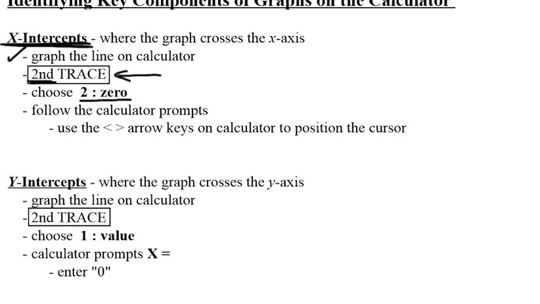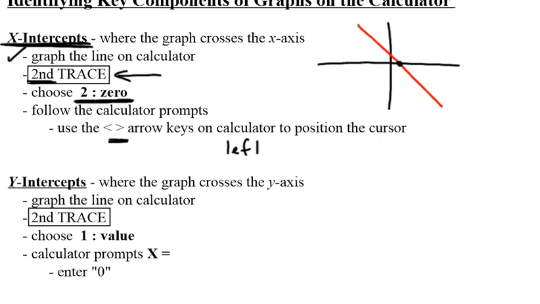You will choose 2 for zero, and then you will follow the prompts using the arrow keys to get the x-intercept. The x-intercept is here. And the calculator is going to prompt, set the cursor left of the intercept.